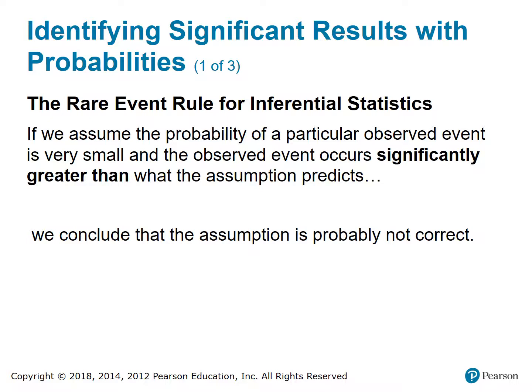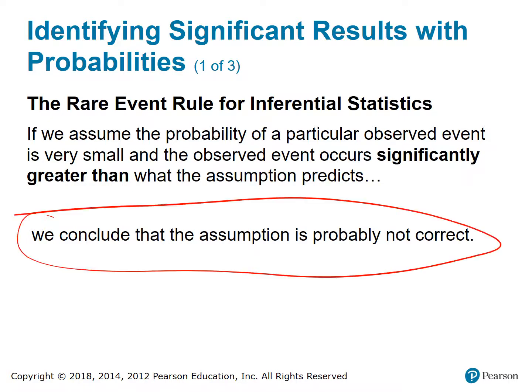We can conclude that the assumption is probably not correct. And I realize this is probably kind of a duh statement, but this does come into play as we go through the slides in the next sections, and we'll be exploring it in greater detail. So we want to make sure we're all on the same page here.